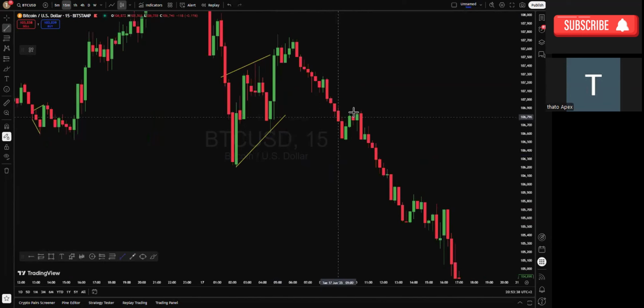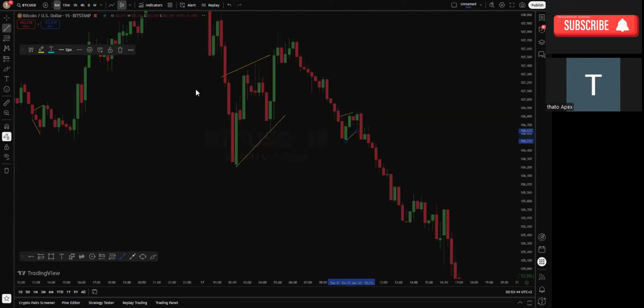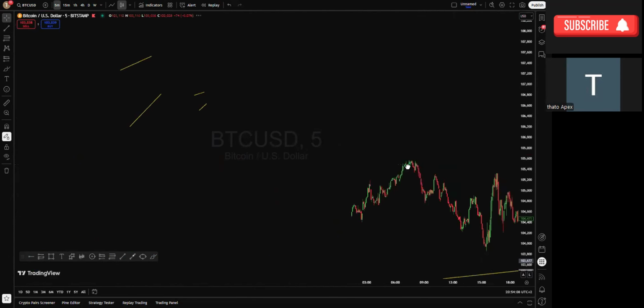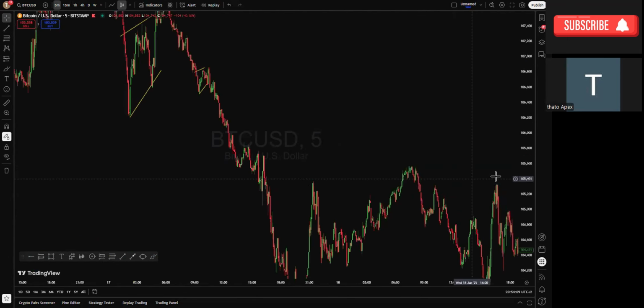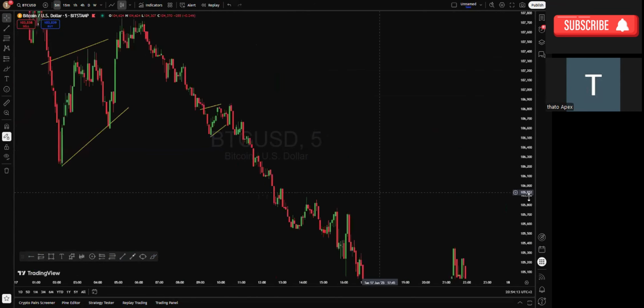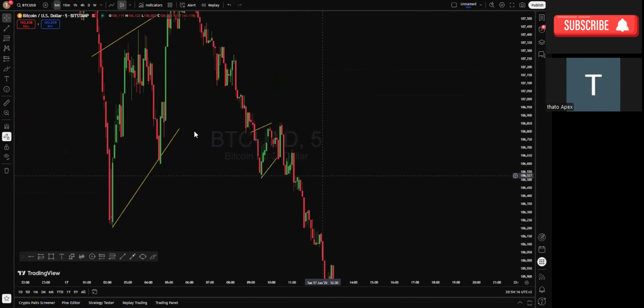Not here on the 15-minute time frame, but when I go to the 5-minute time frame, you will see that it's the same structure. Zooming into the 5-minute time frame, there you go. On the 5-minute time frame, you can see that it's a clear two-touch structure. This was beautiful, to be honest.